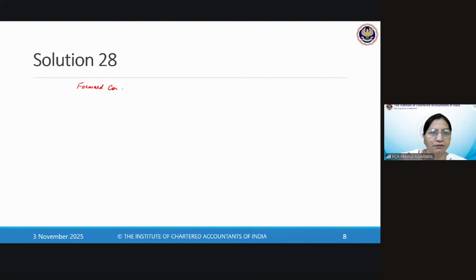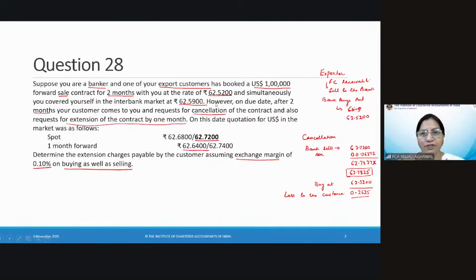Forward contract for US dollar 100,000 cancelled by an exporter. Contract was 62.52.